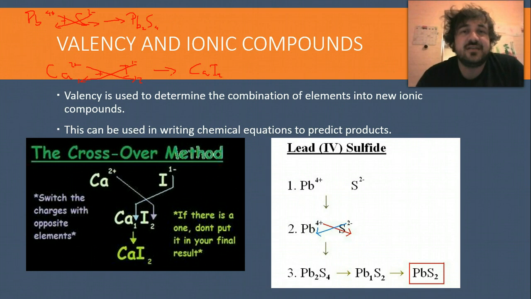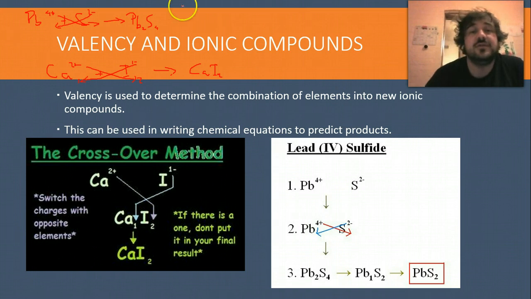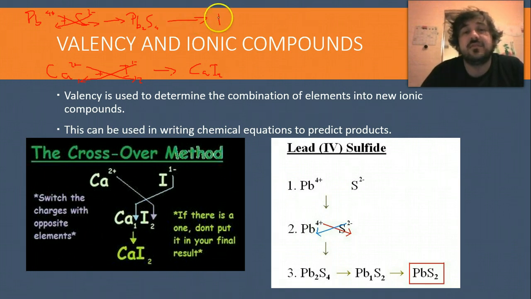But remember how we said it's the simplest whole number ratios? Well, that's not the simplest ratio. That's 2 to 4. If we simplify it, it gives us PbS2. A way to think of that is 2 over 4. If we simplify that fraction, it's 1 over 2.